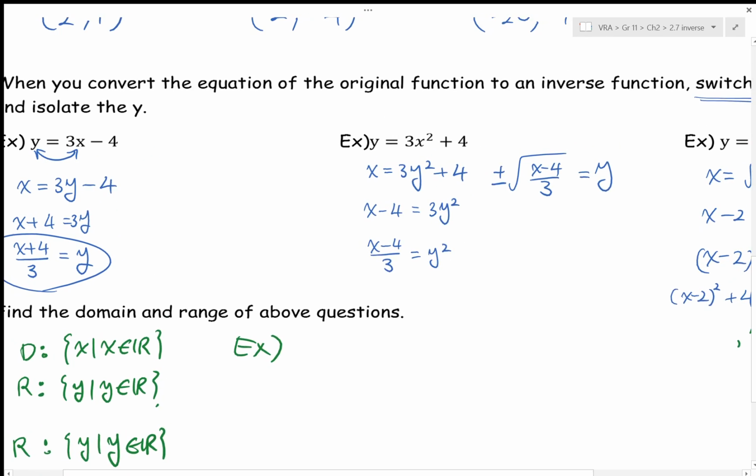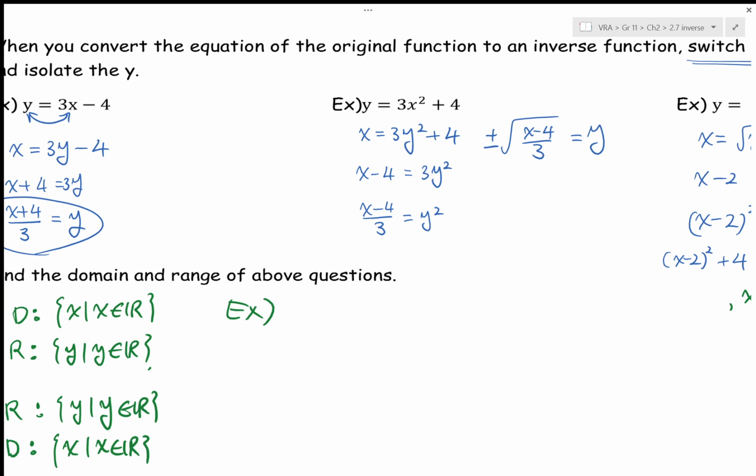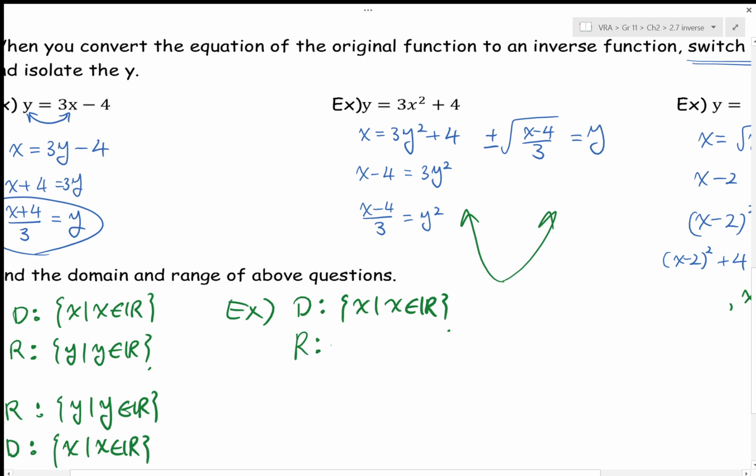Now let's take a look at the next one. We have y equals 3x squared plus 4. This one has a domain of x such that x is an element of the real numbers, because it is a parabola, looking like this. However, the range is y such that y is an element of the real numbers, but there's a restriction because the graph is going upwards from the vertex at (0, 4).